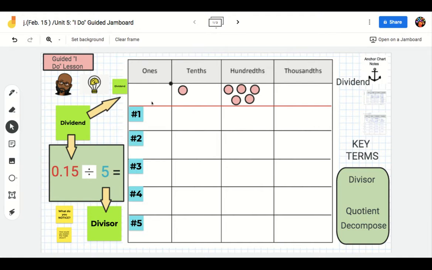I have no place value disc in the ones place. Why? Because it's 0 ones in the dividend. I have one place value disc in the tenths place. Why? Because I have 1 in the tenths place, 1/10.